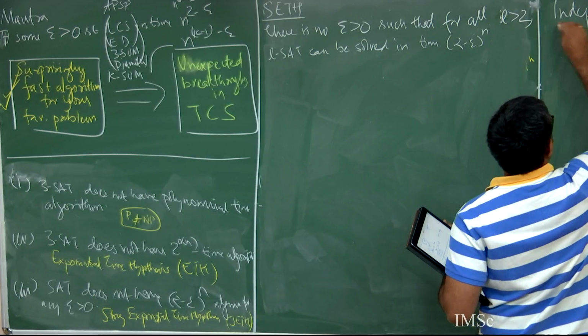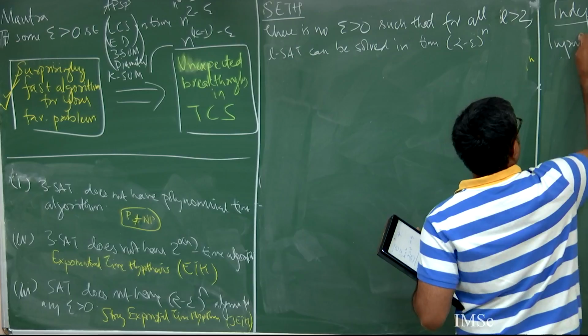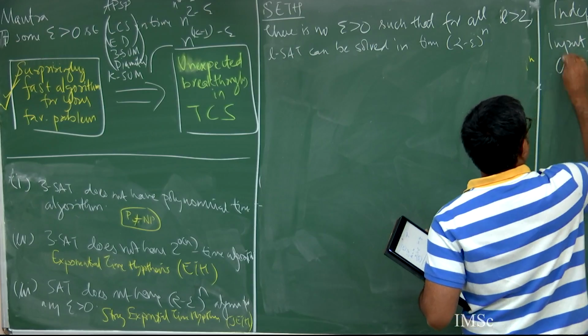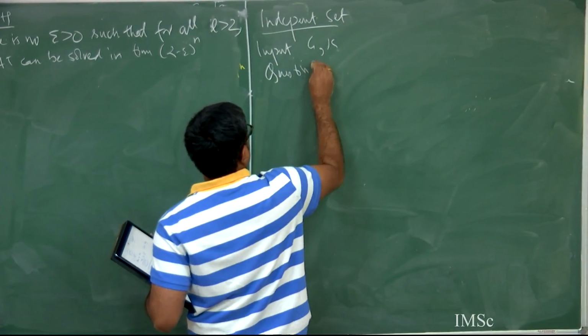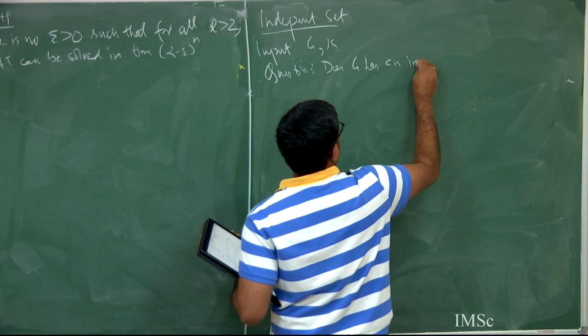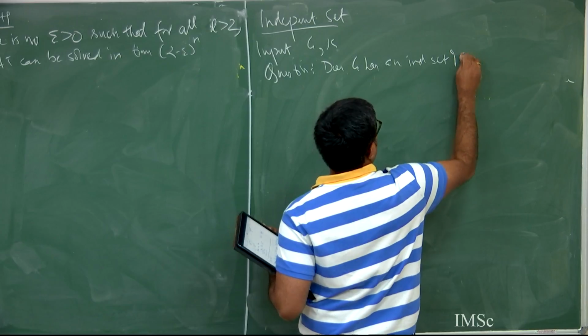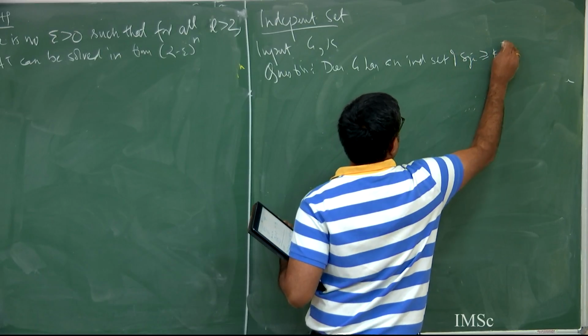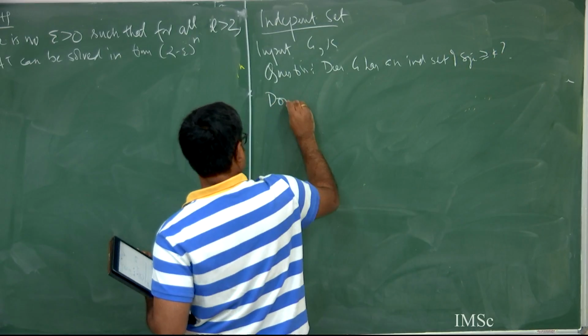What is the independent set problem? Input is G comma k. Question: does G have an independent set of size greater than or equal to k?